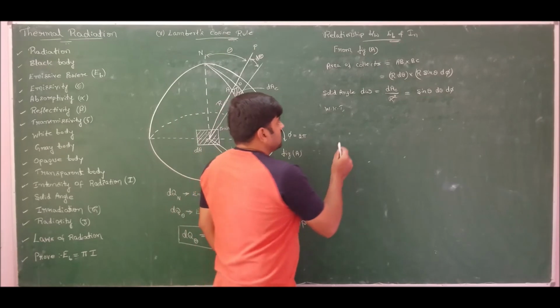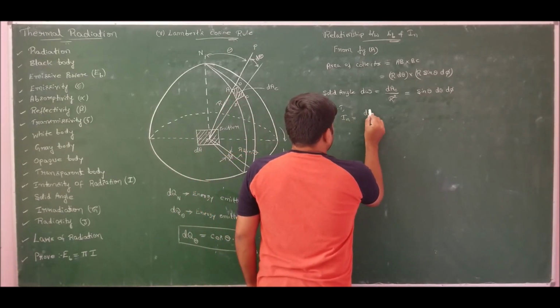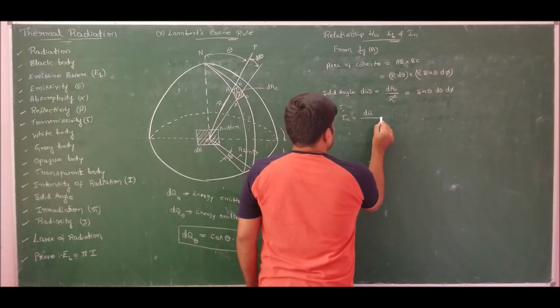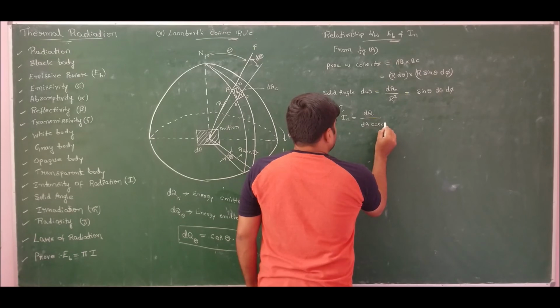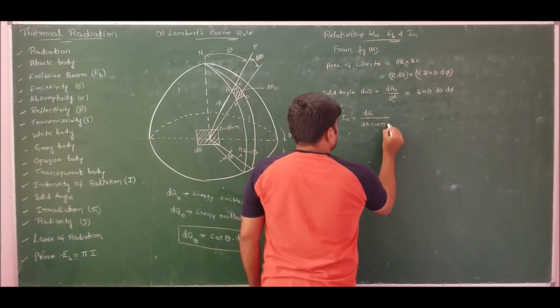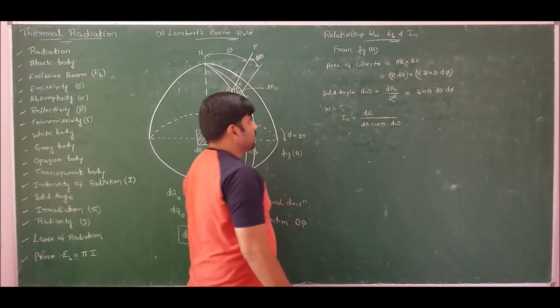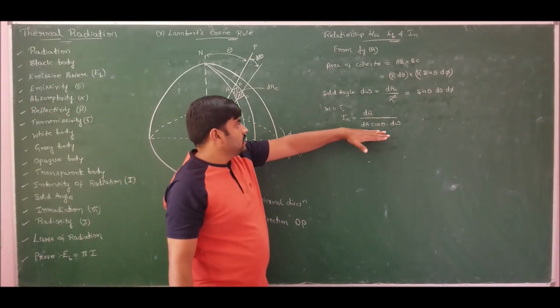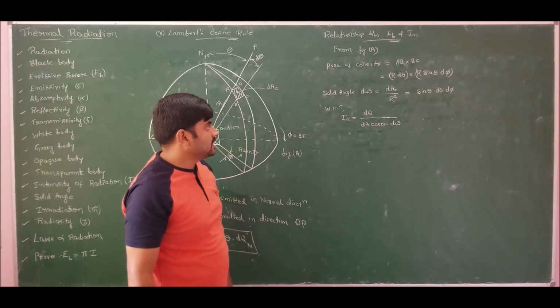So intensity of radiation is the amount of energy emitted per unit area projected normal to the direction, dA cos theta, per unit solid angle d omega. We have already seen this equation, and I am recalling it from the definition of intensity of radiation.